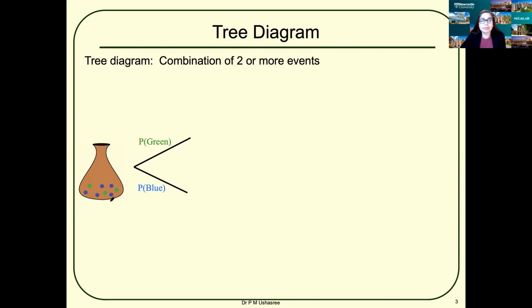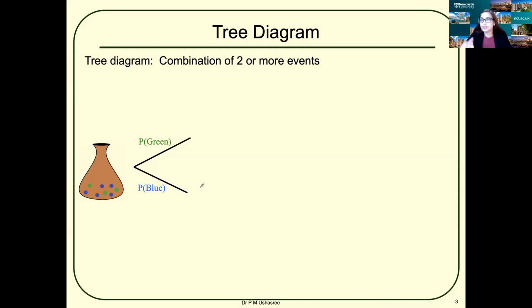When you have such an example where you have to pick two balls, there are different possibilities, and therefore you can determine the probabilities of the different possibilities. So in the first event, you can either pick a green ball or a blue ball. The probabilities are given along the branches of the tree.